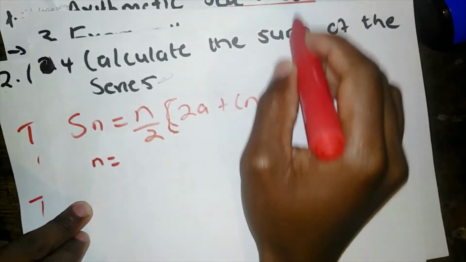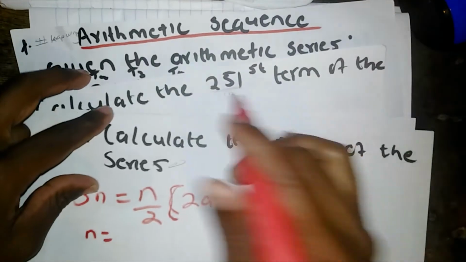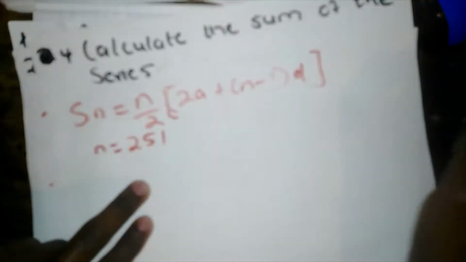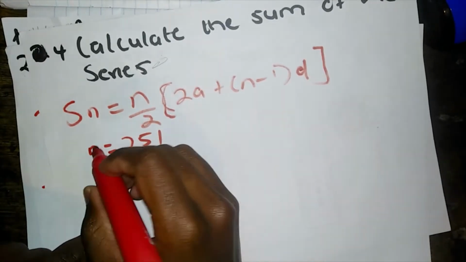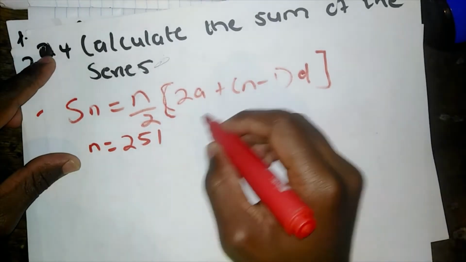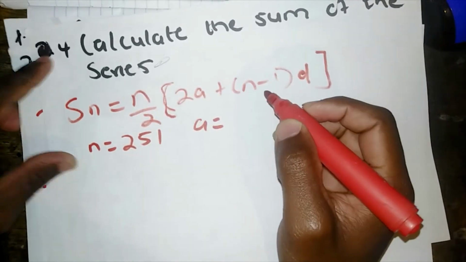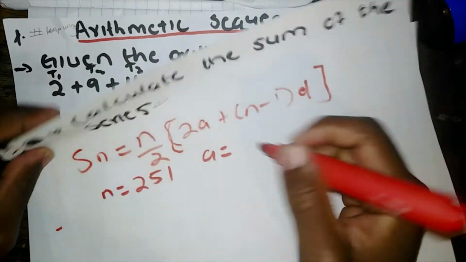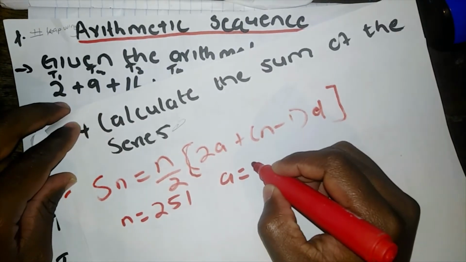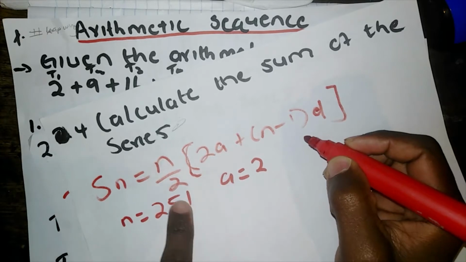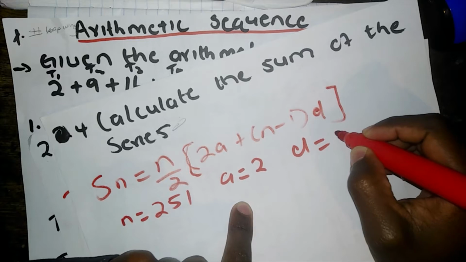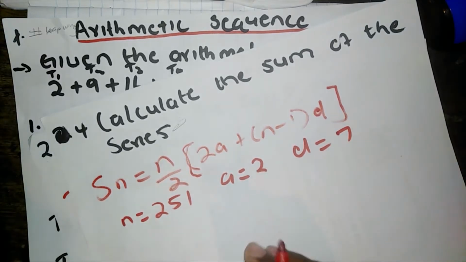So n is 251, because we're finding the sum. a is the first term, which is 2. And the difference d is 7.